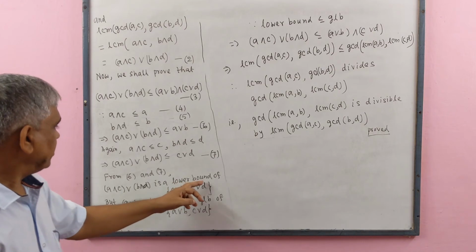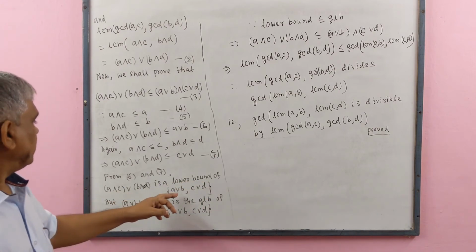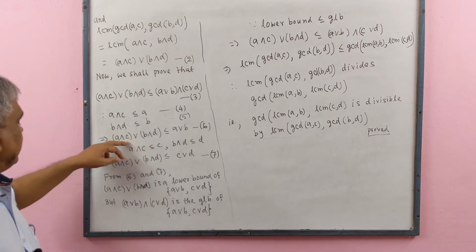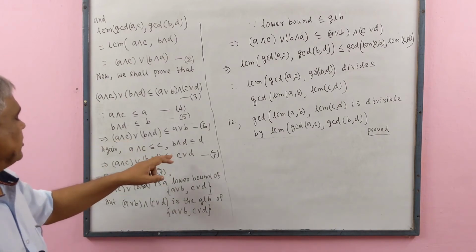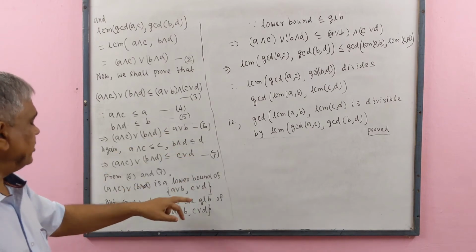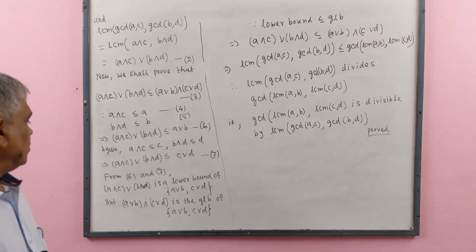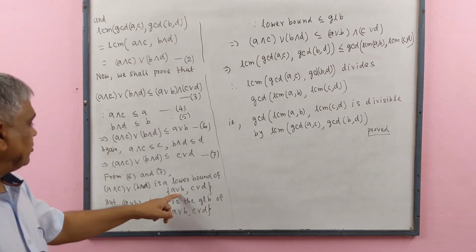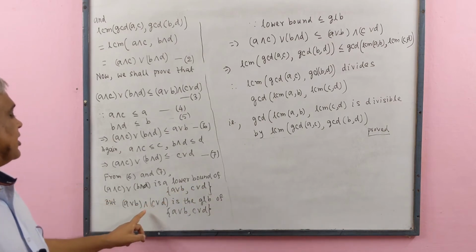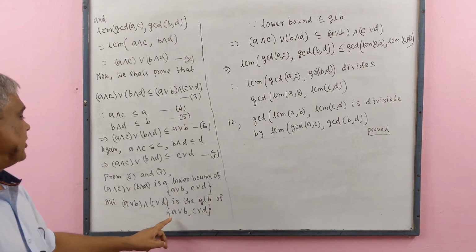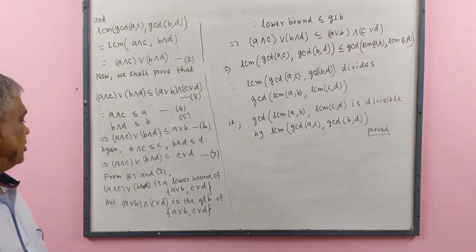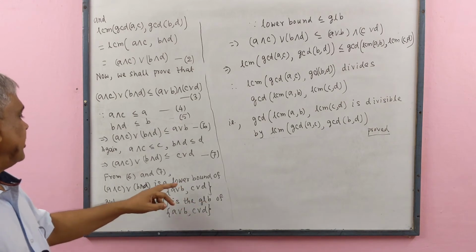this is the lower bound of, here we see the left side is the same, the lower bound of the set containing elements A join B and C join D. But A join B meet C join D is the greatest lower bound of the set containing elements A join B and C join D. This is the greatest lower bound and this is a lower bound.